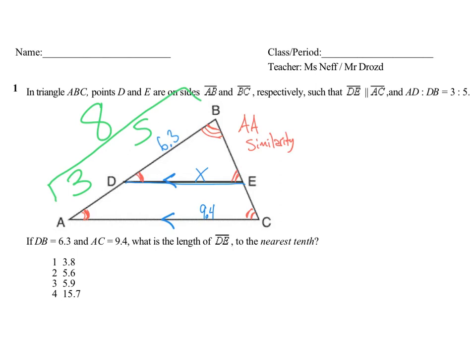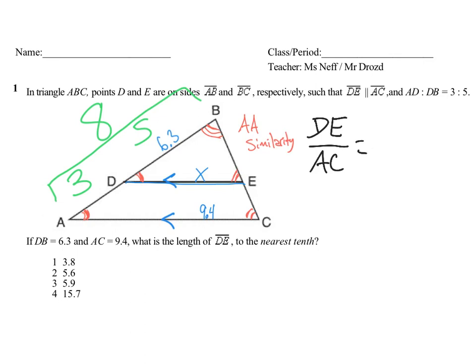We sure can. So I'm going to set this up, and there's a few ways that you can do this. I know that we're going to be thinking about the relationship between DE and AC. So this is what's really crucial right here. And so what I'm going to do is I'm going to write DE over AC equals what?